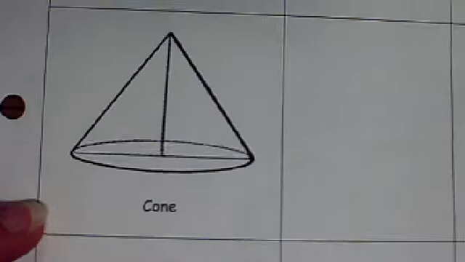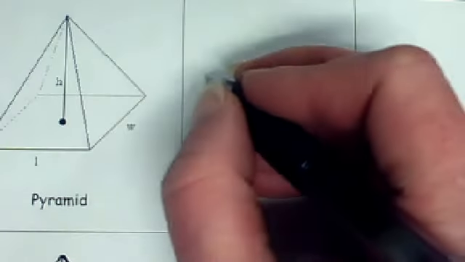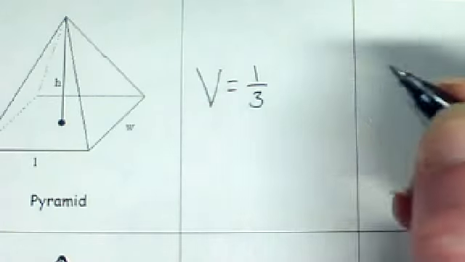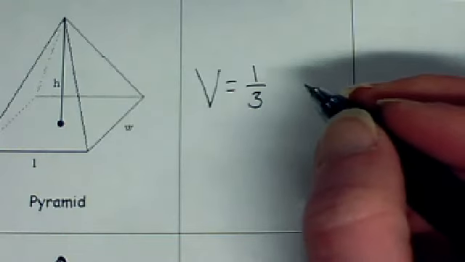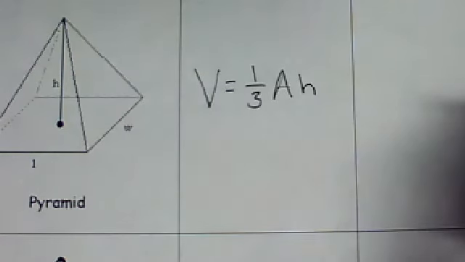Next figure, pyramid. Well, pyramids and cones are very much related to their cylinders and prisms. The volume formula is changed just a little bit. It's a third of what we had before. So it's a third of the area of the base times the height.